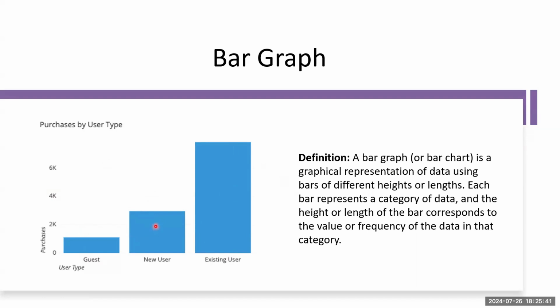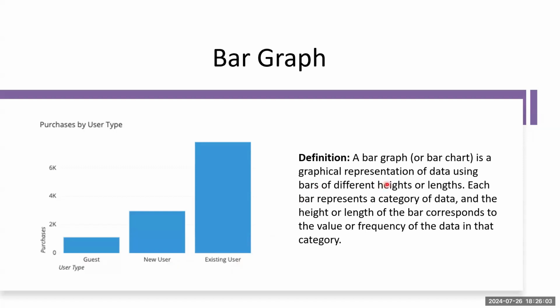What is important here is the length of the bar, because that is what gives us the information that we need. So these three bars represent different categories.